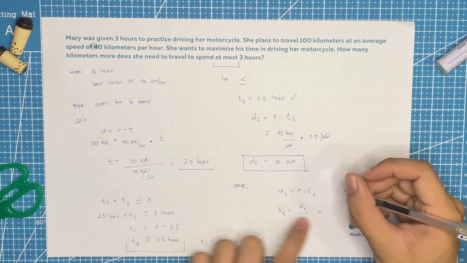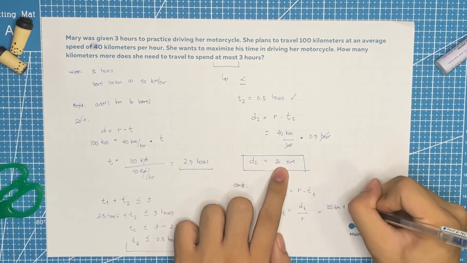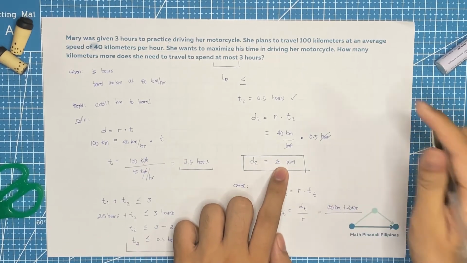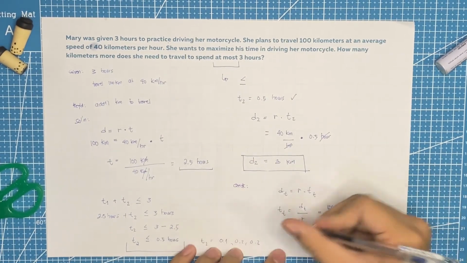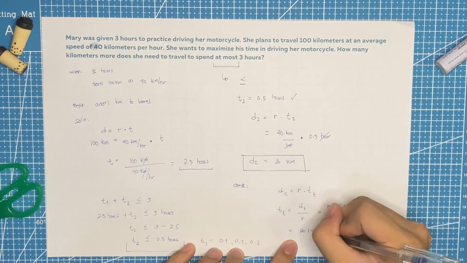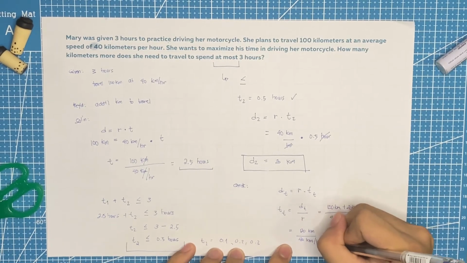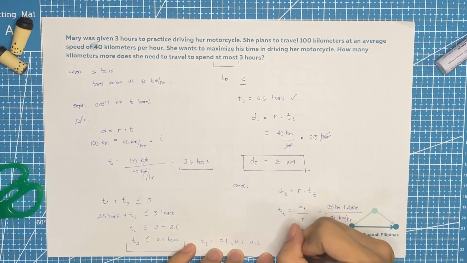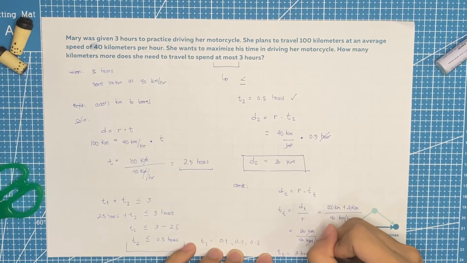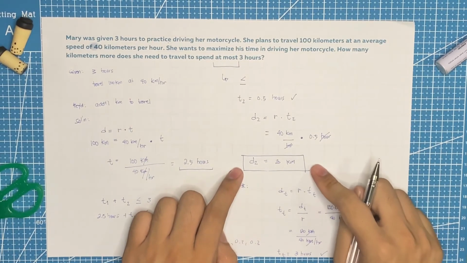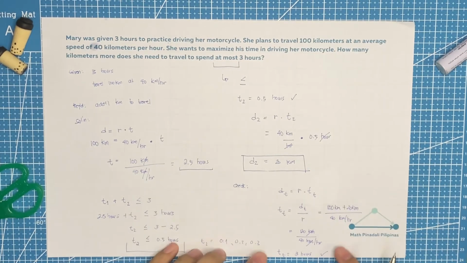Our total distance would be yung initially na 100 kilometers plus the additional 20 kilometers. Over ilan yung speed natin? Our speed is 40 kilometers per hour. That would result to 120 kilometers over 40 kilometers per hour. Now, cancel yung kilometers, then our T total would be 120 over 40, that would result to 3 hours. So, with the additional 20 kilometers, Mary will be able to maximize the 3 hours allotted time.